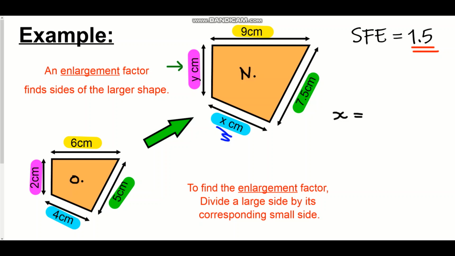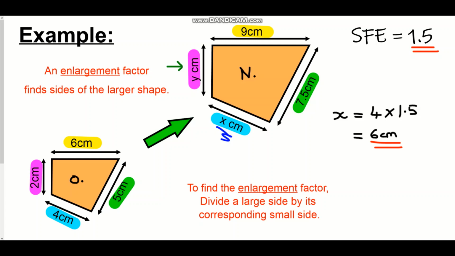So I'm going to take that 4 centimeters that corresponds with my x centimeters and multiply it by that scale factor enlargement that I know has been multiplied throughout the original shape to make the new shape. 4 times 1.5 is equal to 6 centimeters. So I know that the side length marked x centimeters is actually 6 centimeters. That's my final answer. I've got a length for that.